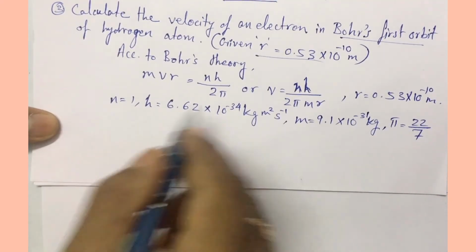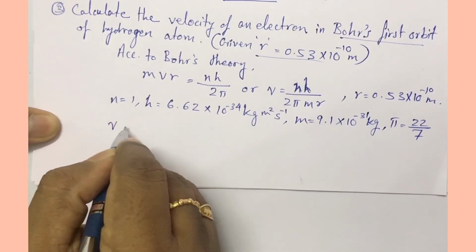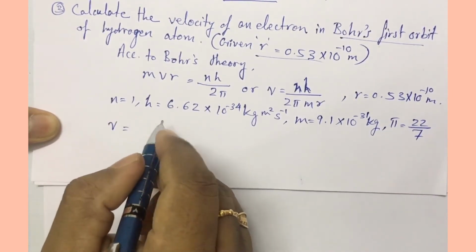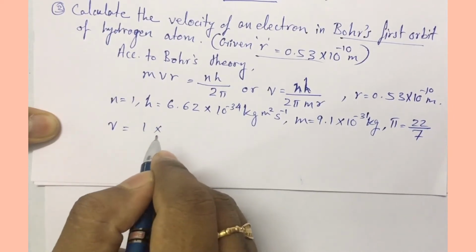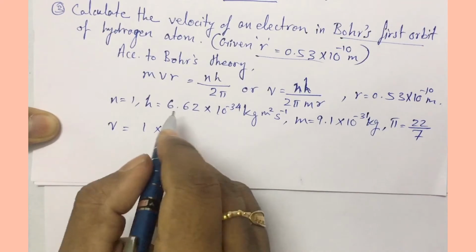Now putting all this in the formula, v is equal to 1 into, what is 1? 1 is n is equal to 1.